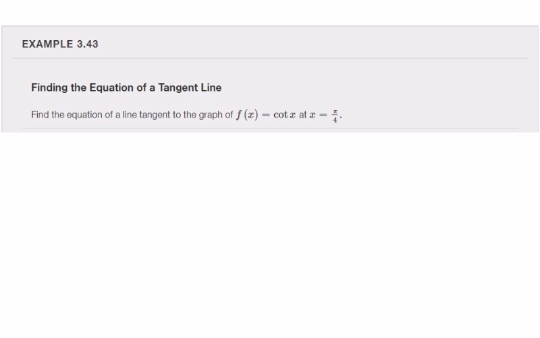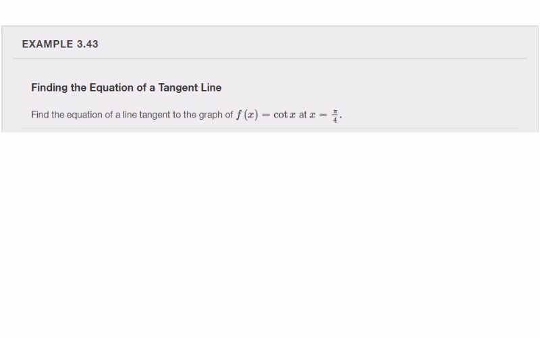All right, so let's check out this example here. We're finding the equation of a tangent line, and now we're using cotangent. Once again, this is stuff we've done before, but now we're doing it with these new trig functions that we know. If you look on your trig cheat sheet, or in the book, we know what the derivative of cotangent is.